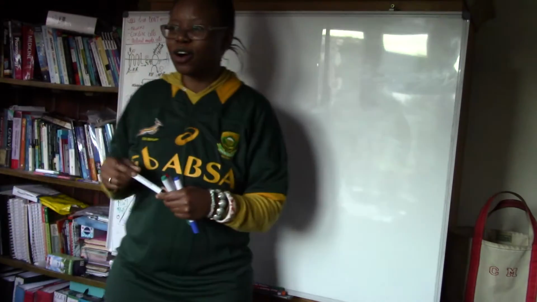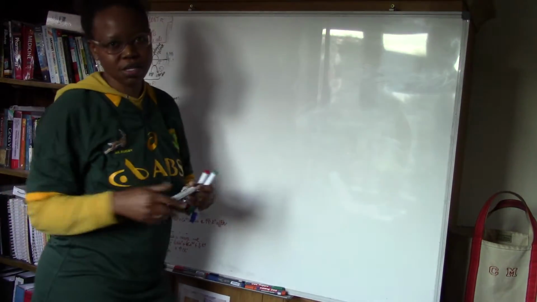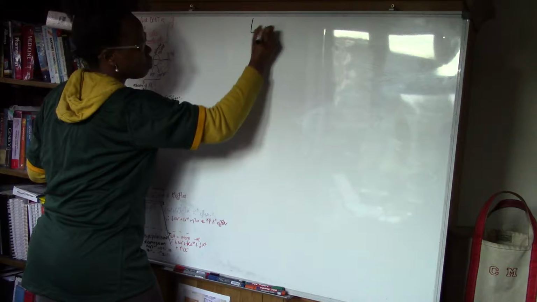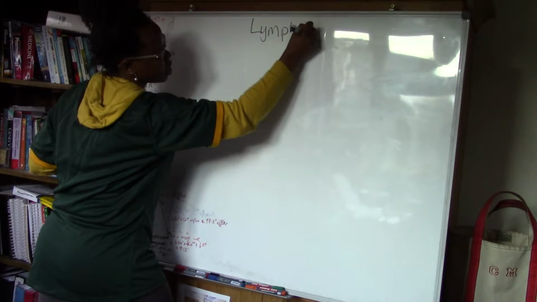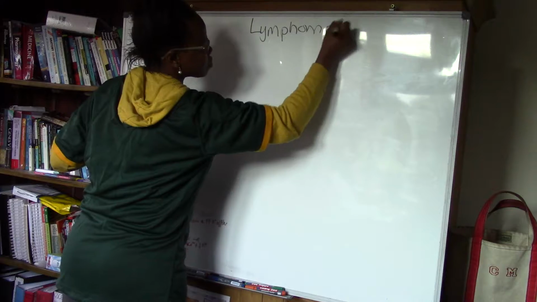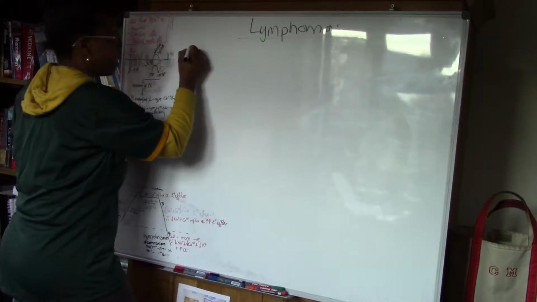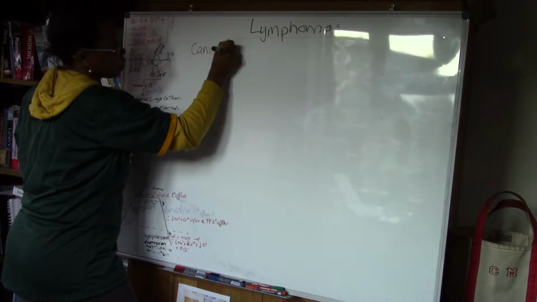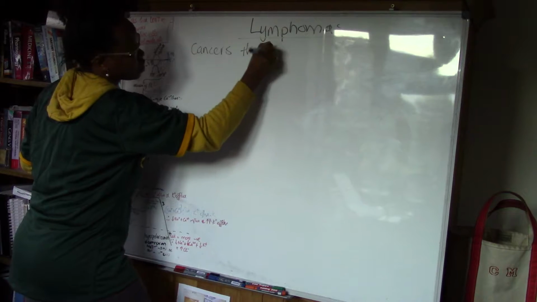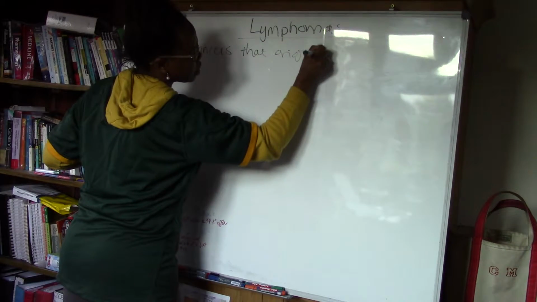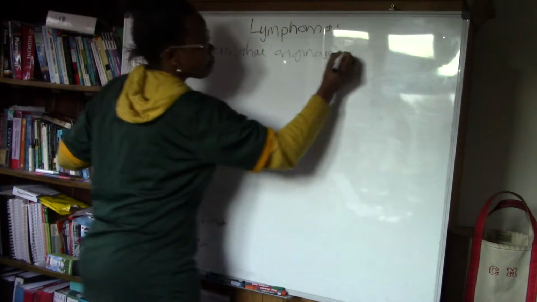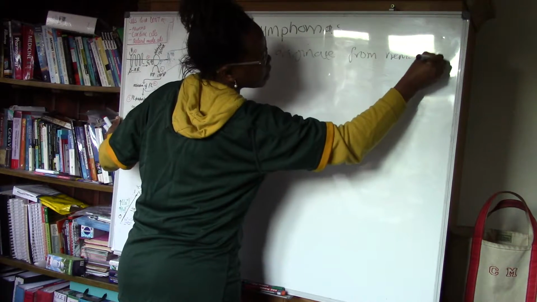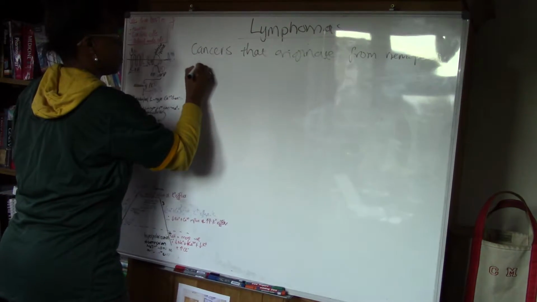In this session, I'm going to focus on lymphomas. This is probably going to be a massive talk. So it will be on basically lymphomas, which are cancers that originate from hemopoietic cells.